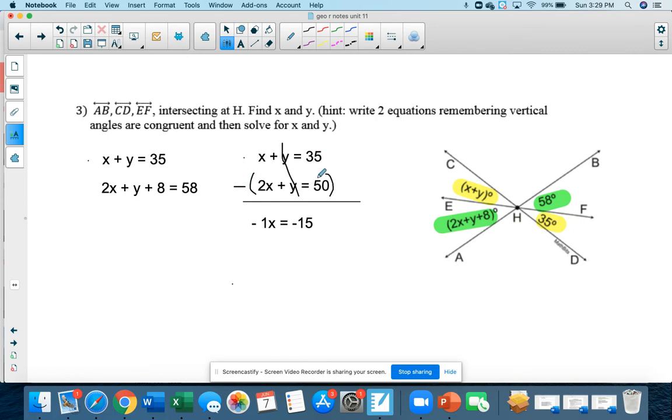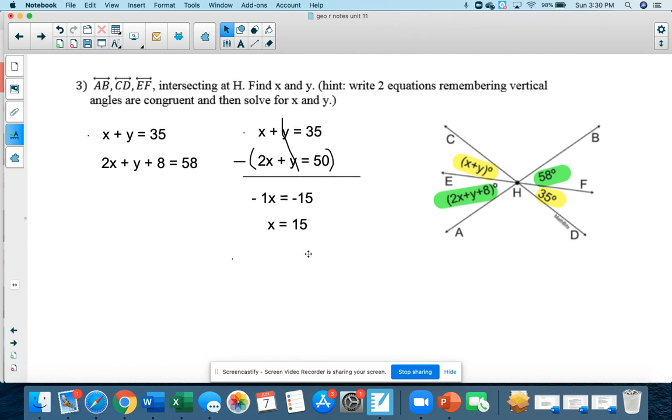And 35 minus 50 is negative 15. So I subtracted, since they had the same coefficient, but they also had the same sign, I subtracted that second equation. Remember, you're subtracting everything. So that's why I added the parentheses and that subtraction sign. Now I'm solving for x, so I'm going to divide by negative 1. So my answer is just x equals 15.